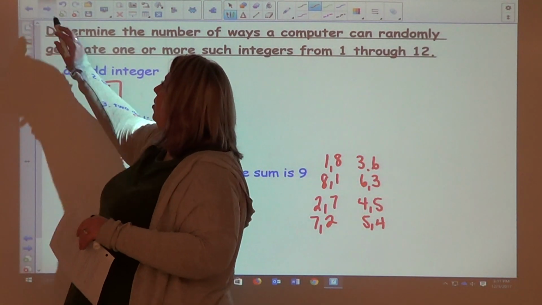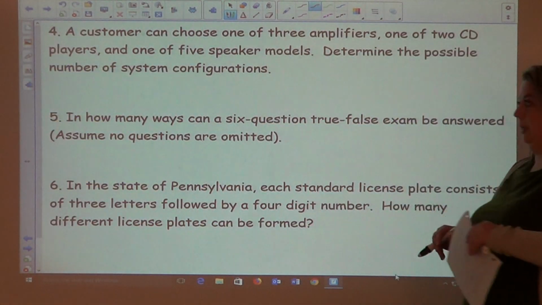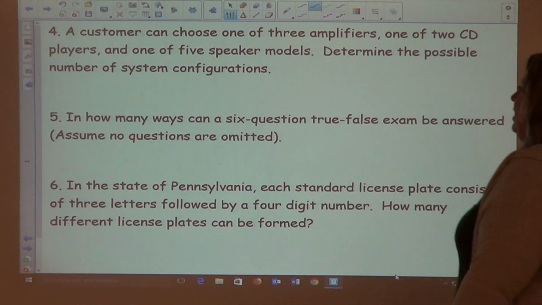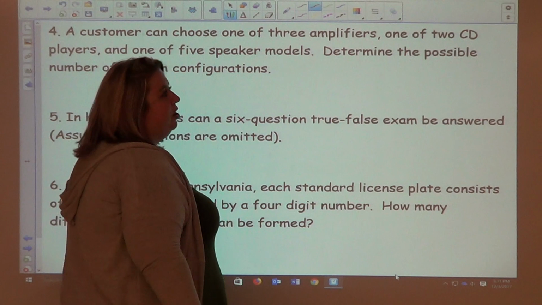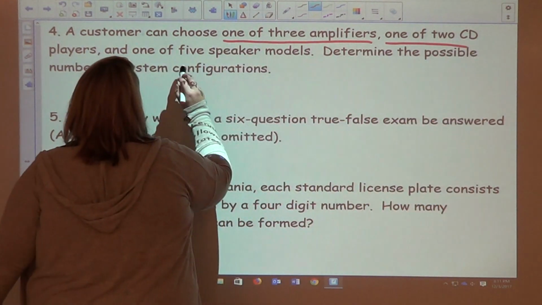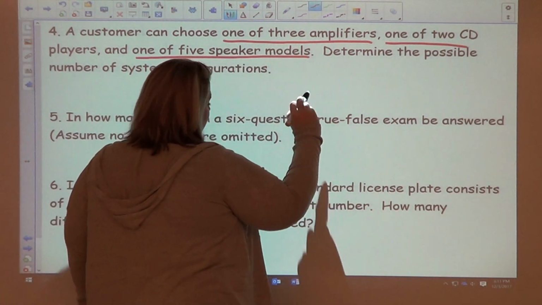Okay, so now everything else will be story problems. Customer can choose one of 3 amplifiers, one of 2 CD players, and one of 5 speaker models. Determine the possible number of system configurations. Okay, this is a counting problem. So I'm going to pick one of 3 amplifiers, one of 2 CD players, and one of 5 speakers.